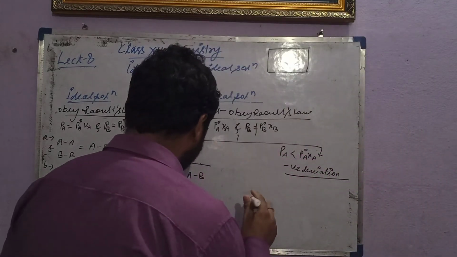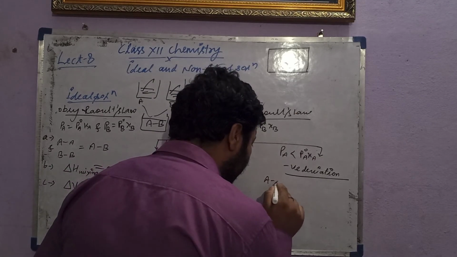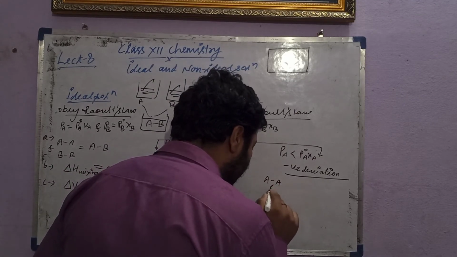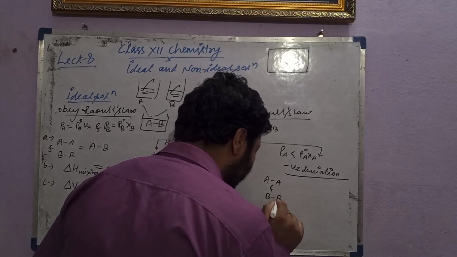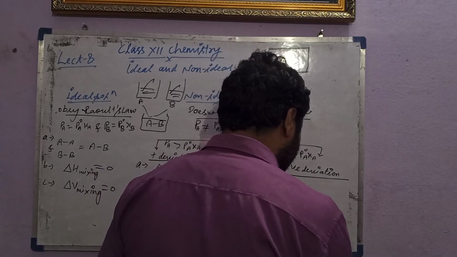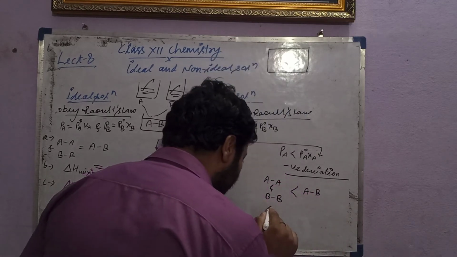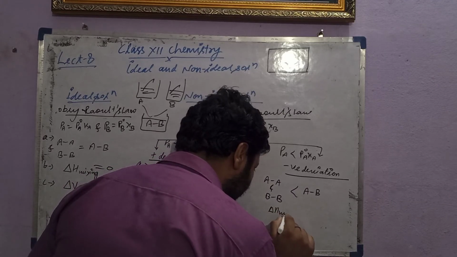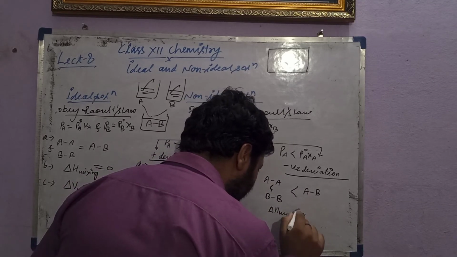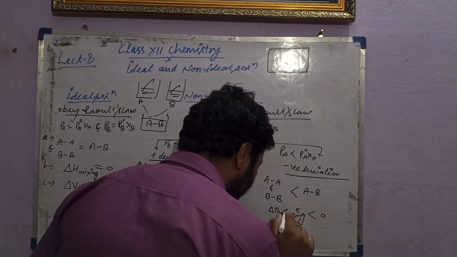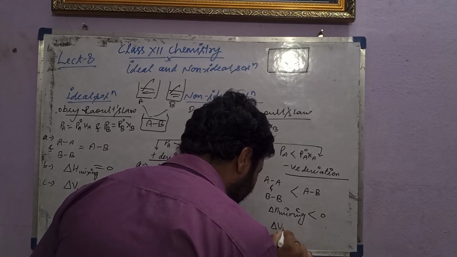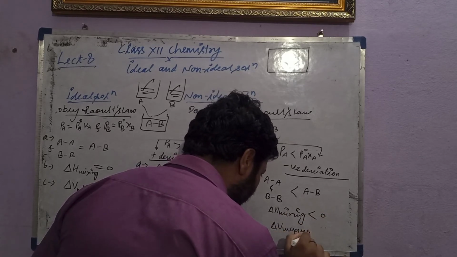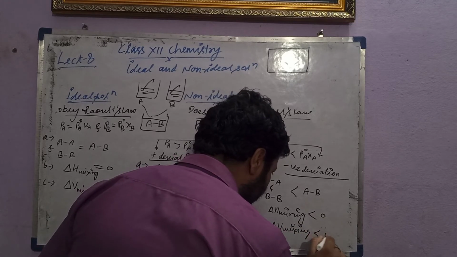Negative deviation means the A-A and B-B attractions should be smaller than A-B. Delta H mixing is smaller than 0. Delta V mixing is smaller than 0.